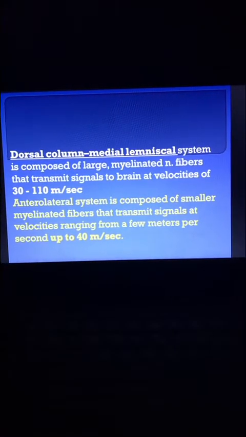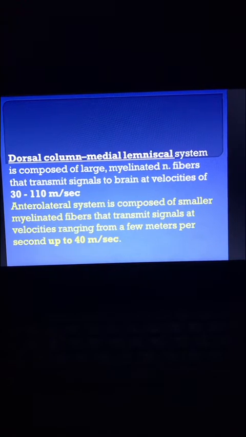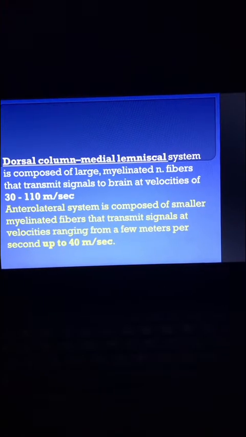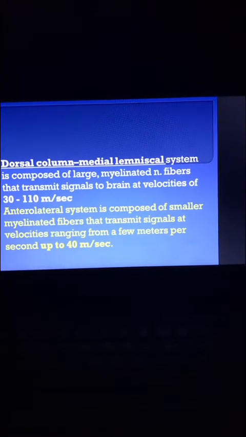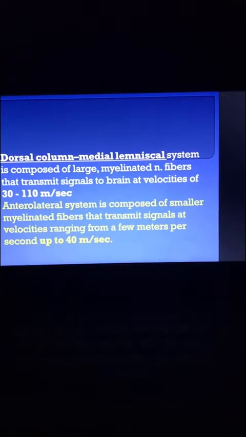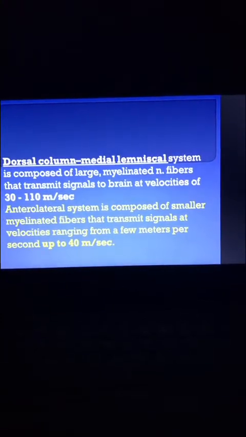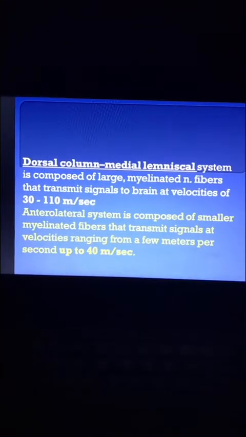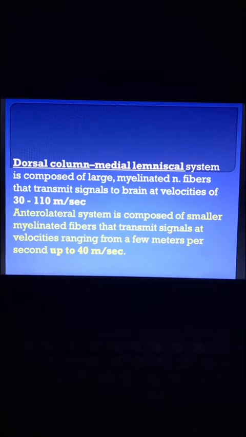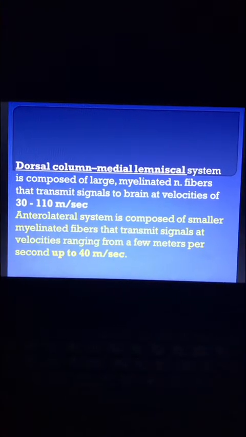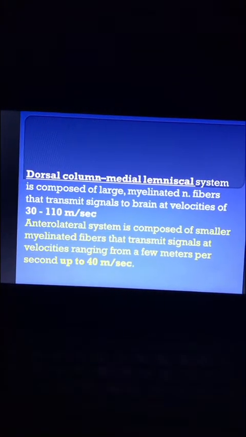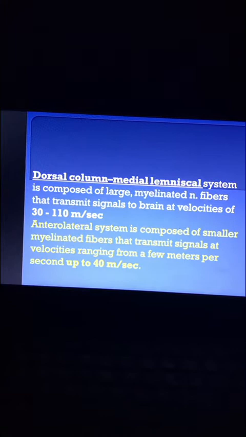The dorsal column medial lemniscal system is composed of large myelinated nerve fibers that transmit signals to the brain at velocities of 30 to 110 meters per second, regarded as high conduction velocity, while the anterolateral system is composed of smaller myelinated fibers that transmit signals at velocities from a few meters to 40 meters per second.